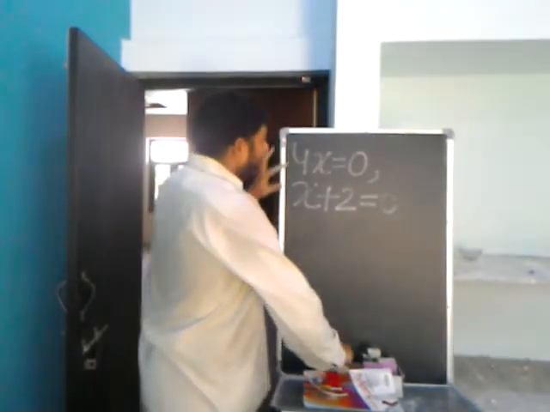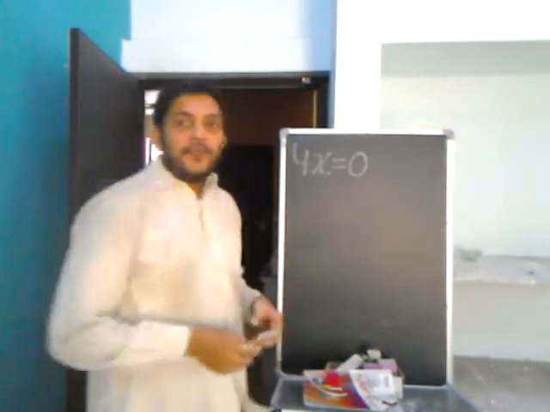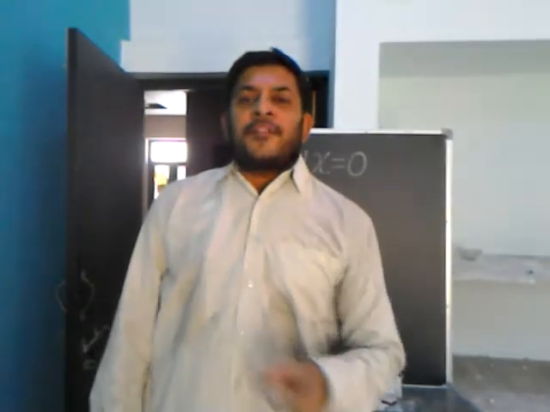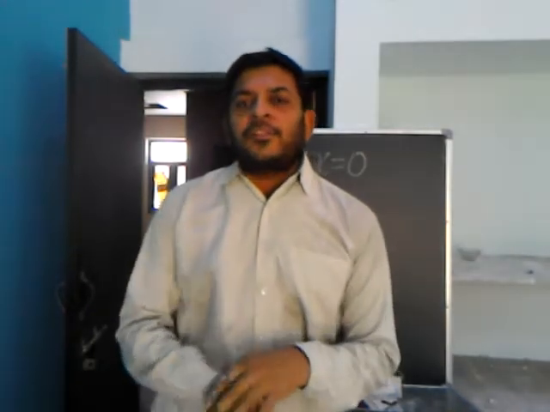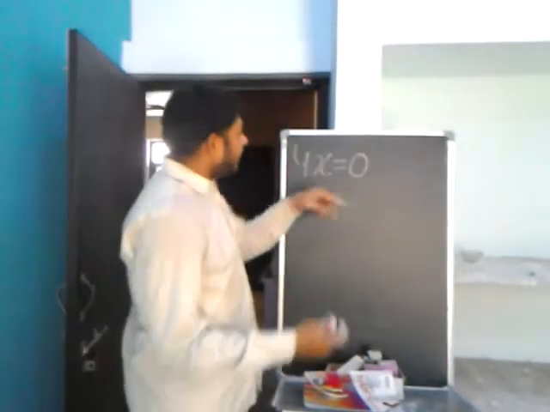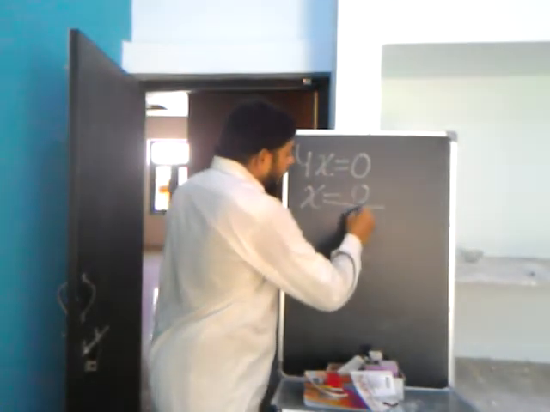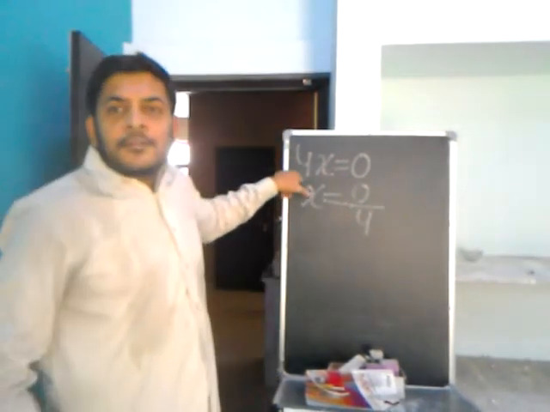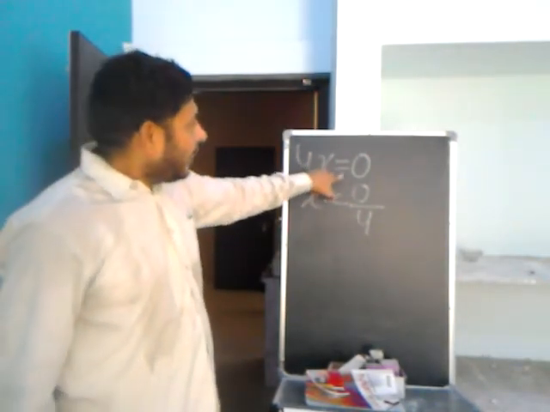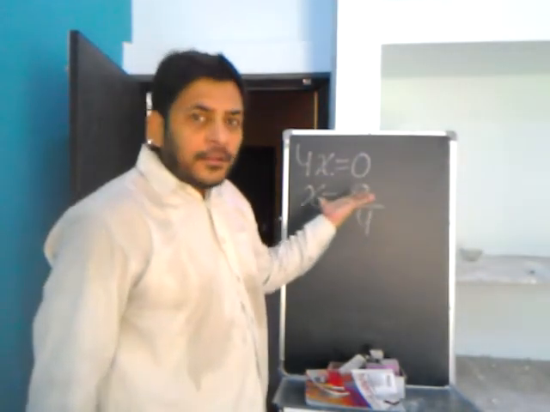Now, first of all, let us solve 4x is equal to 0. I need x only on the left hand side, because from class 7th we have studied linear equations and we know that only the variable can stay on the left side. So I take this 4 below the 0, because 4 is multiplying the x on the left hand side of the equal sign, so while going to the right side it will start dividing.